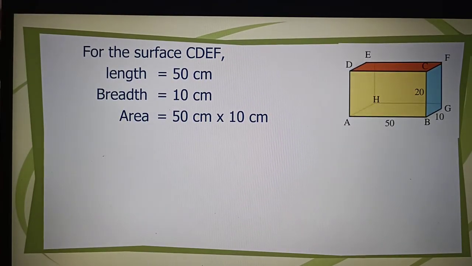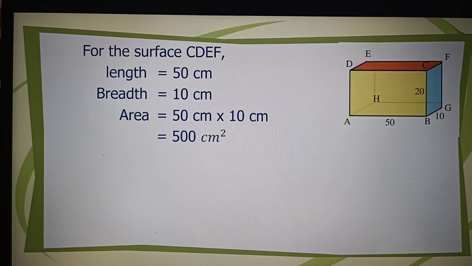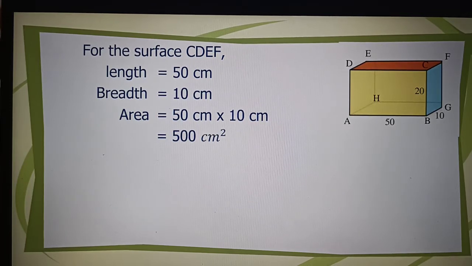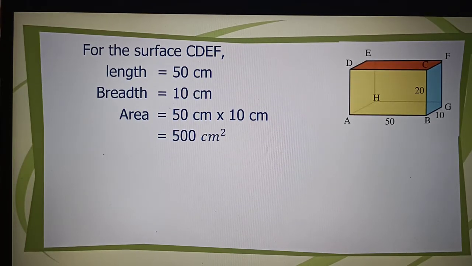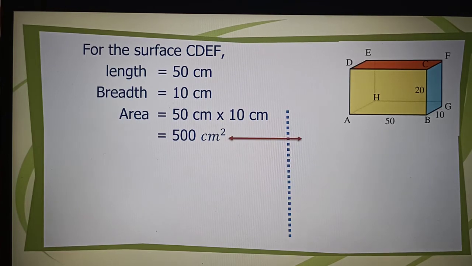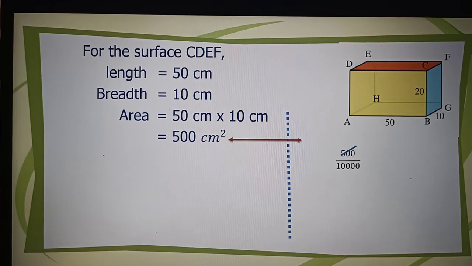So when we are multiplying 50 into 10, we got the answer 500. So centimeter into centimeter, centimeter square. So first we have to convert this into a meter square. So that is 500 upon 10,000. So here 500 and 10,000 are common on which table? 500 table.